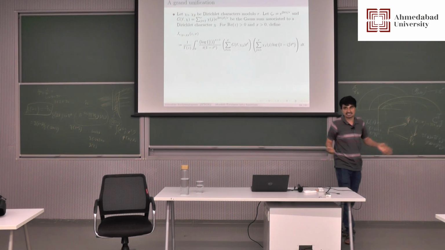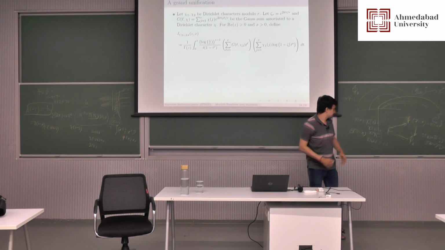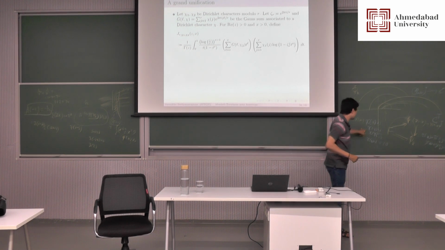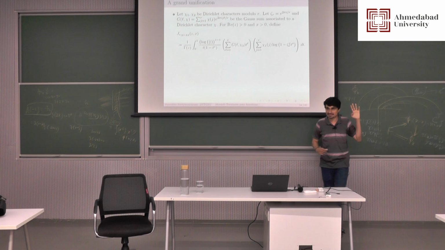For each n there will be many characters, and if you keep on increasing, there will be many more. And there is something called primitive. Primitive means that, if you see the first one, the character 1 0 1 0, that was actually a repetition of the one for 2. There is a character for 4 also, 1 0 1 0 1 0 1 0, but it's coming from 2. So it's not a primitive character.